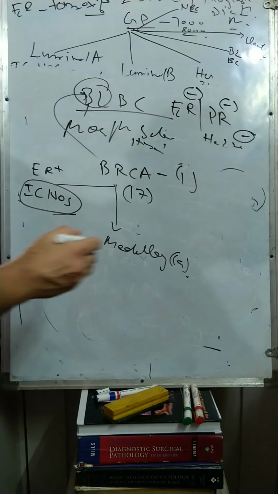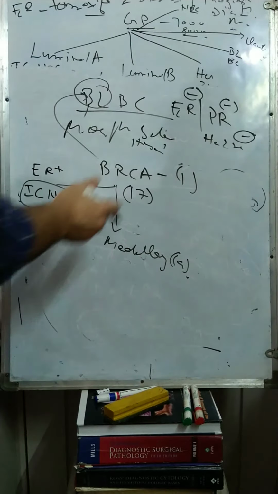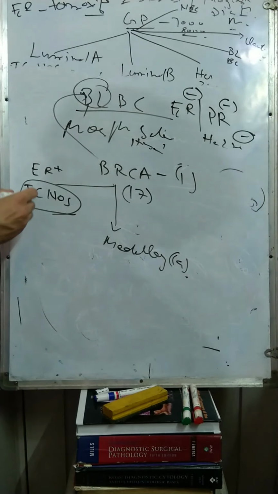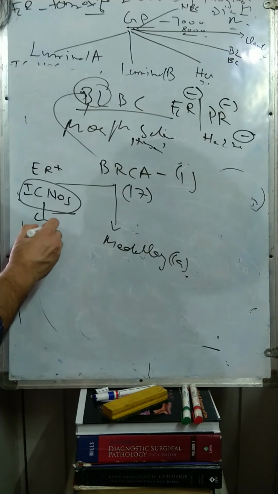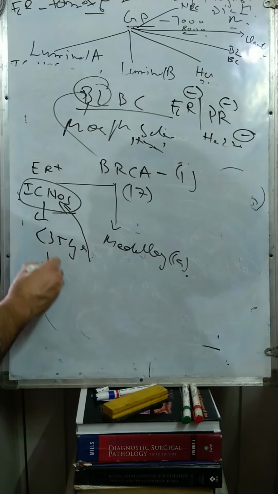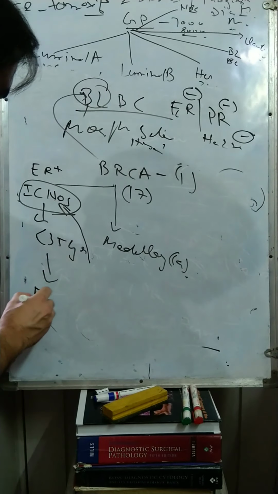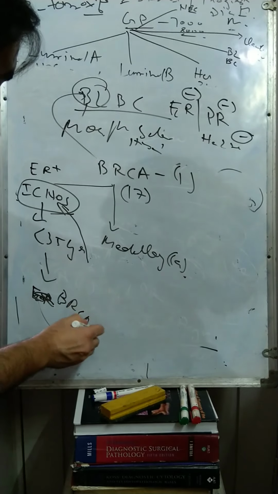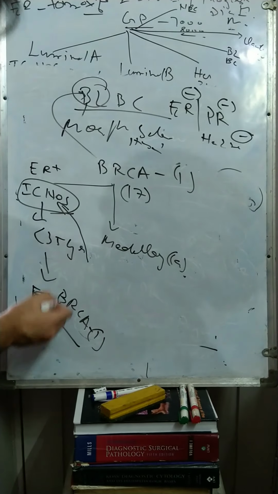So don't be misled that BRCA can only be positive in medullary carcinoma. Any young patient less than 35 years having this morphology, you must suggest testing for BRCA mutation, BRCA1 specifically.